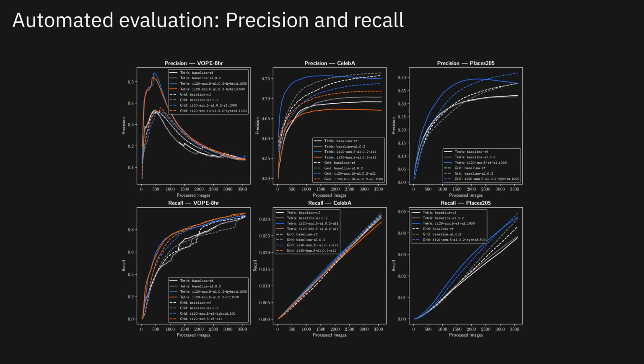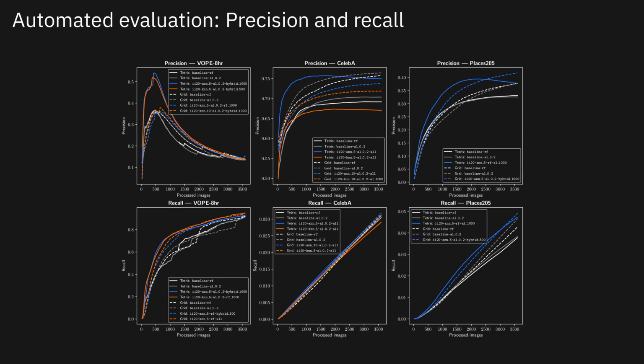Regarding the automated evaluation, we have observed precision and recall over time on three datasets. We have pitted II-20 against state-of-the-art baselines in interactive learning, both in relevance feedback and active learning configurations. And we have simulated Tetris and Grid separately.